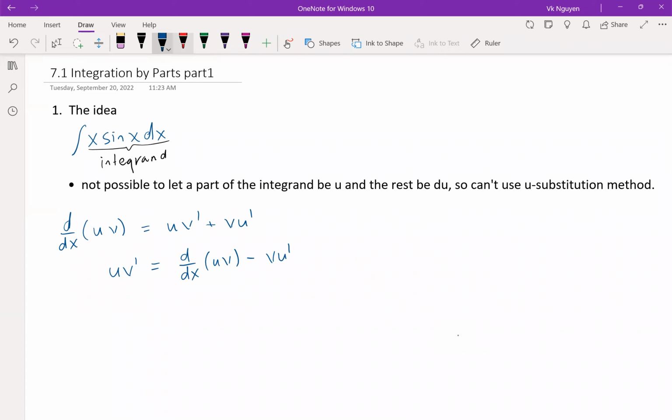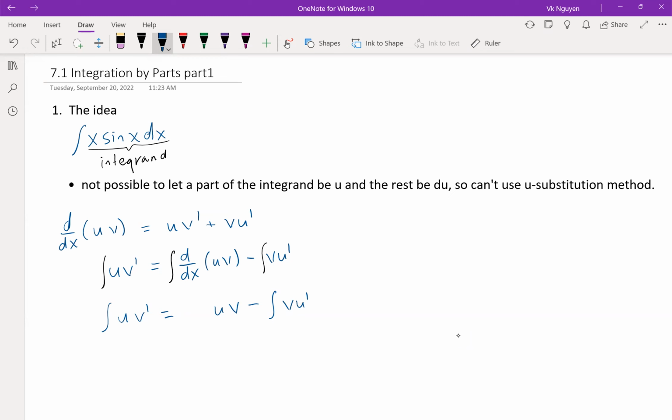So now we integrate. What we have is the integral of uv prime is, since integral is antiderivative, uv minus the integral of vu prime.